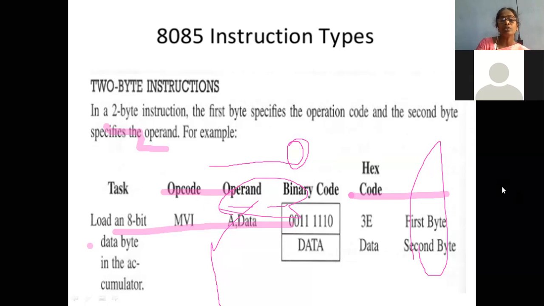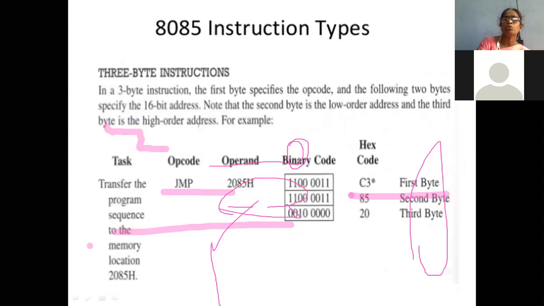This consists of MVI A, data, so any data is to be given. There is a first byte and a second byte. And then the third one, JMP 2085. For jump we have to give a 16-bit address, so there is a requirement of a 3 byte instruction.